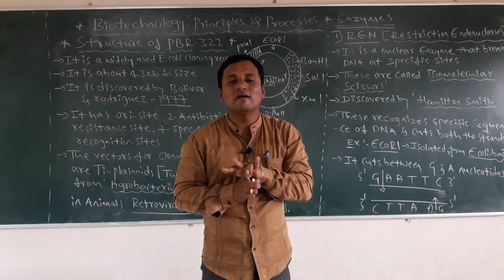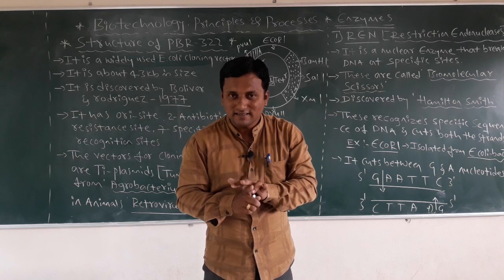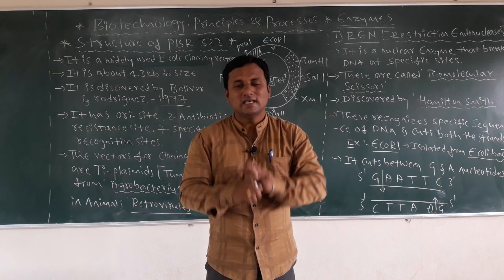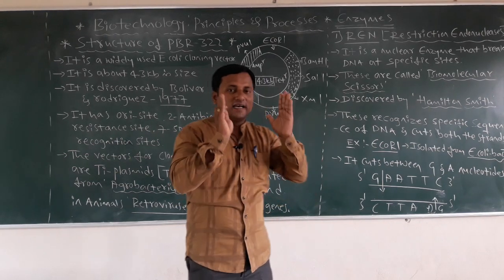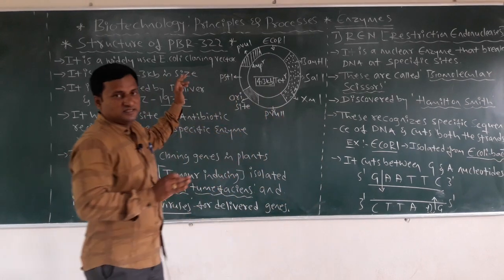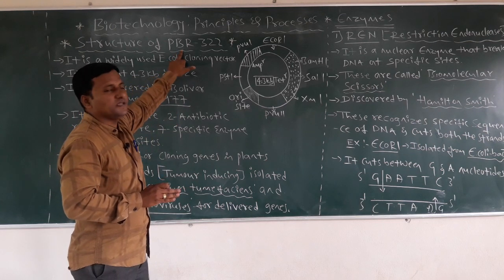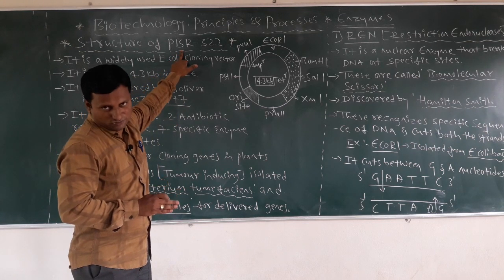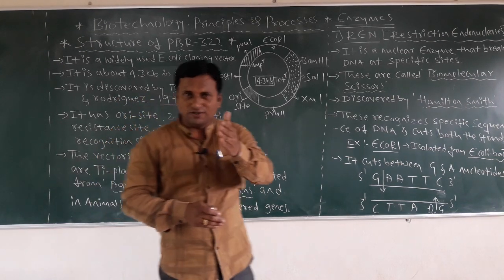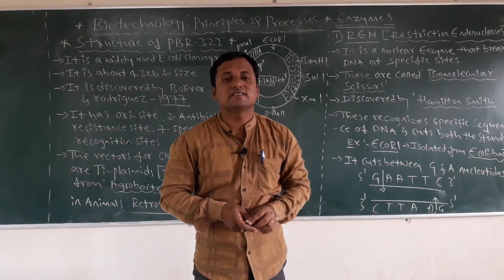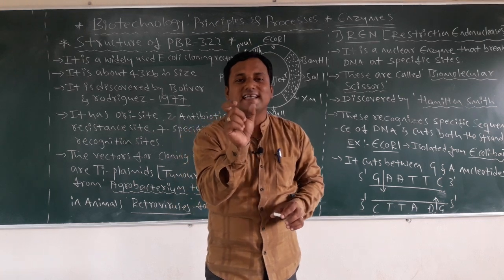These all work as vectors. For you, one example given is pBR322, a number of plasmids.